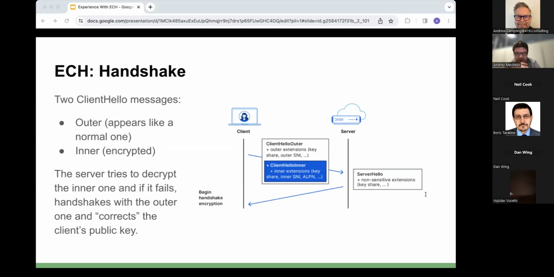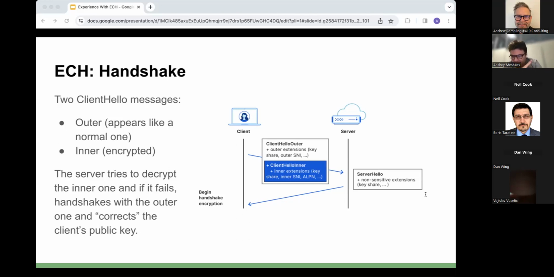Now, once we receive the public key, we can get to the next step, which is the handshake. The client that uses encrypted hello basically constructs two client hello messages. The outer one, that looks like a normal one, and the encrypted one that is transferred in a TLS extension. The encrypted one should also be called the inner one.